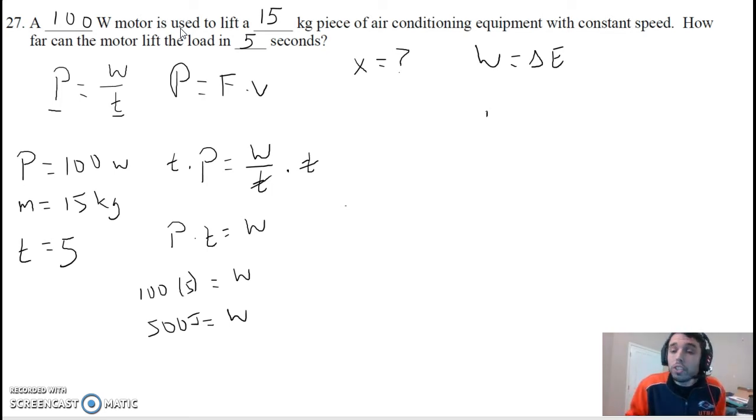So what kind of energy are we gaining? Well, we're gaining potential energy, right? We're gaining gravitational potential energy. So the change in energy here is going to be purely gravitational potential energy, right?